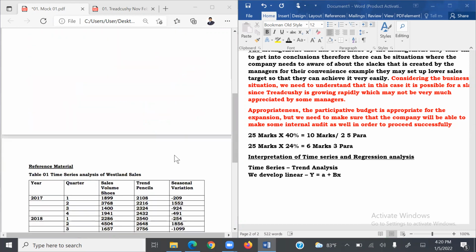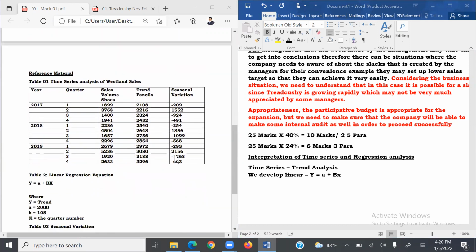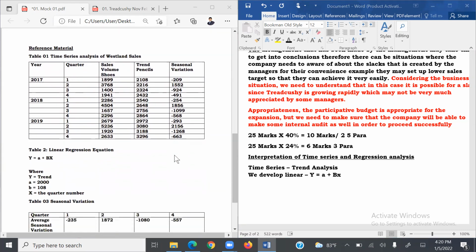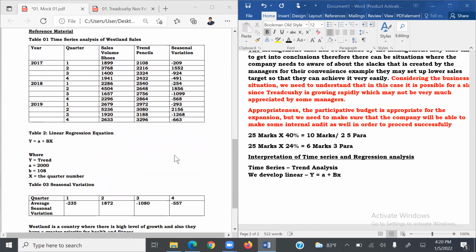If you see here, this is the time series. Students, they have developed a linear equation. Here you see Q1, the actual sales volume is 1,889. But the trend analysis is showing 2,108.